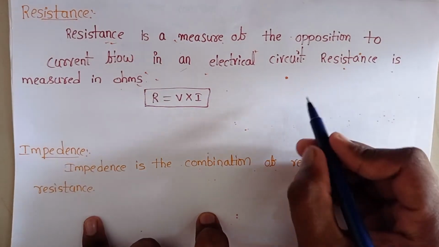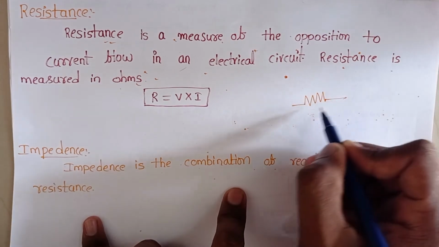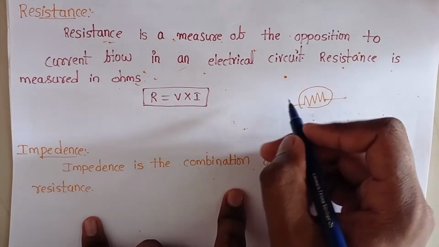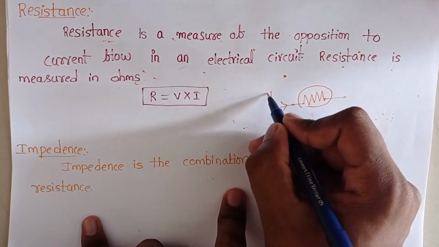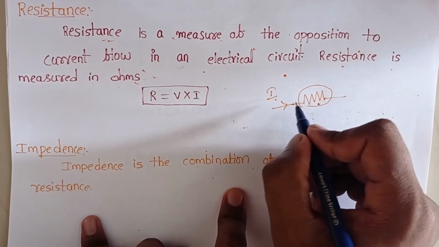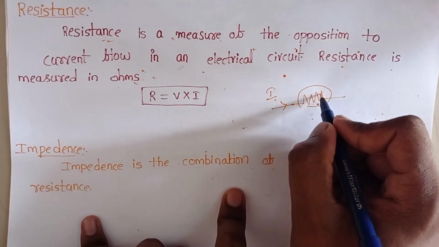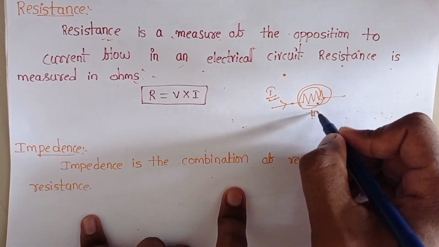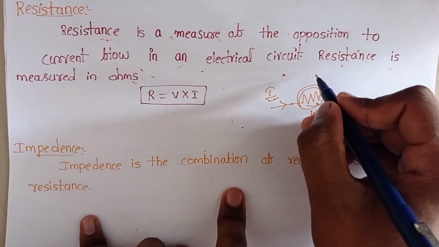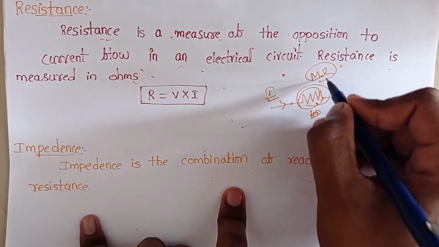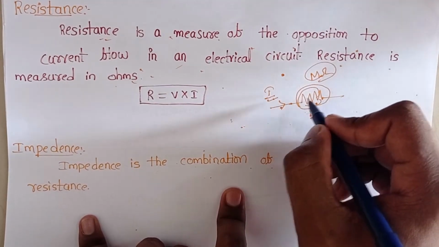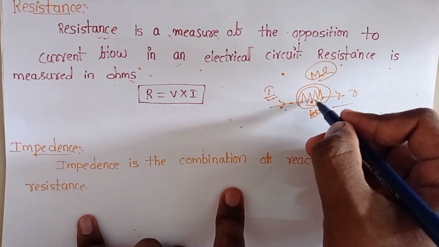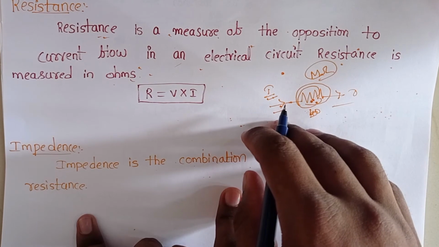If we have a resistor in our circuit and I apply a current I to this resistor, this resistance opposes the current. If the resistance value is high, say in mega ohms, then almost zero current flows through this branch, because the resistance opposes the applied current.